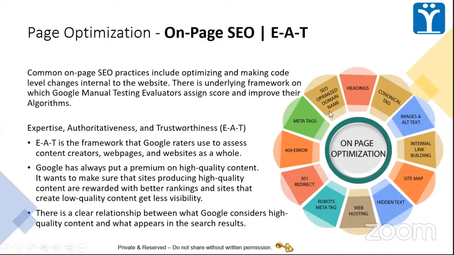So, SEO optimized domain name, heading tags, meta tags, and then canonical tag. This is specially given because it is more important. As I said earlier, every page should have a self-pointing canonical tag, so that if any marketing campaign runs in future, or if somebody uses parameters to identify the source or referrer coming to this page from other websites, that new page with a question mark or a parameter should not be considered a duplicate page.